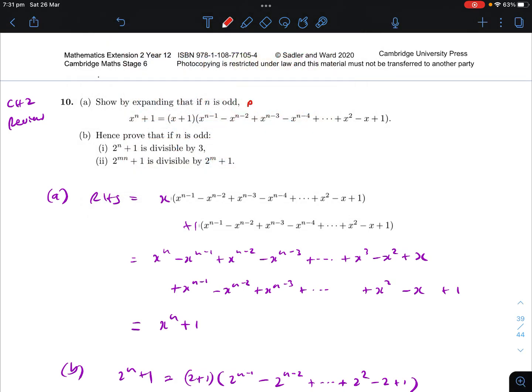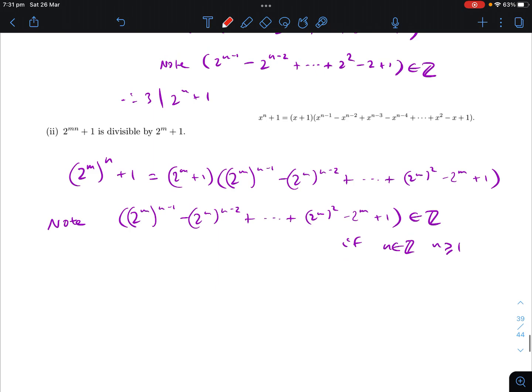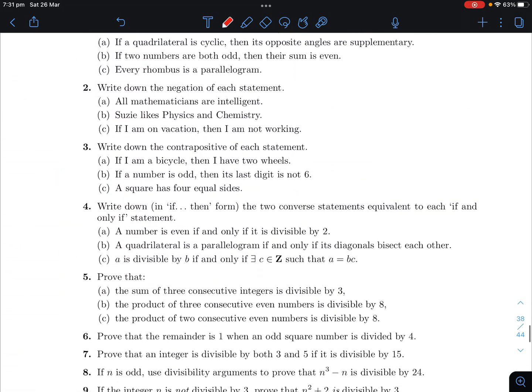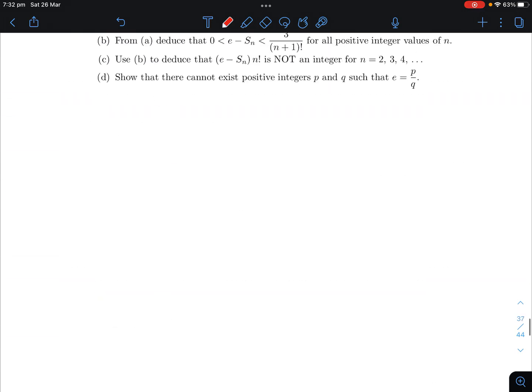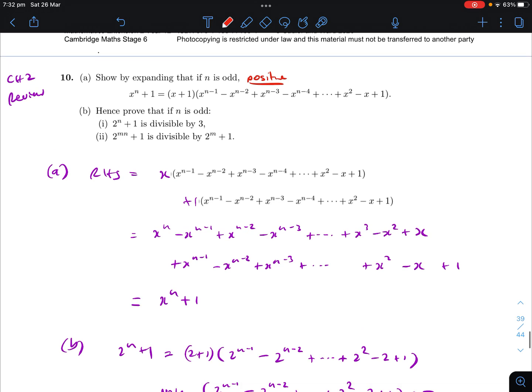It's probably worth adding that condition. We're also going to need m being an integer. It's probably one of these exercises where they just assume that the variables are integers.